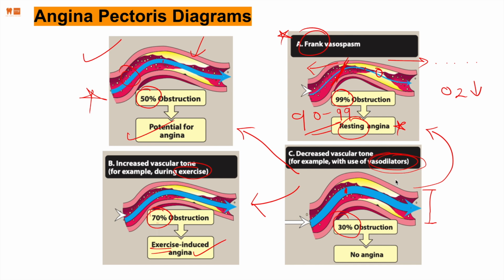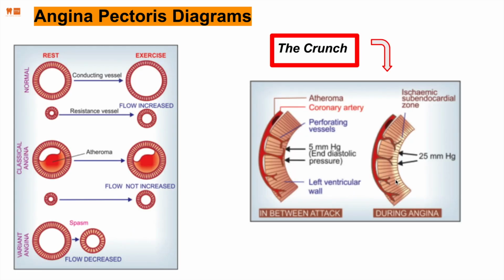Now the mechanism of action, the uses, side effects, we'll get to that in just a moment. Angina pectoris diagram, this diagram basically just shows us what a normal rest and an exercise state looks like. Right? Conducting vessel, resistance vessel, where flow is increased during normal scenarios.